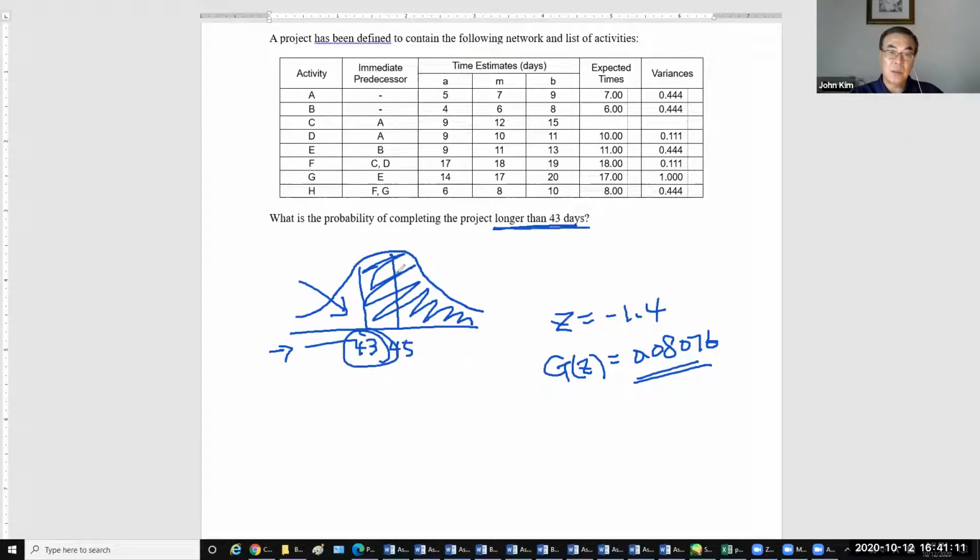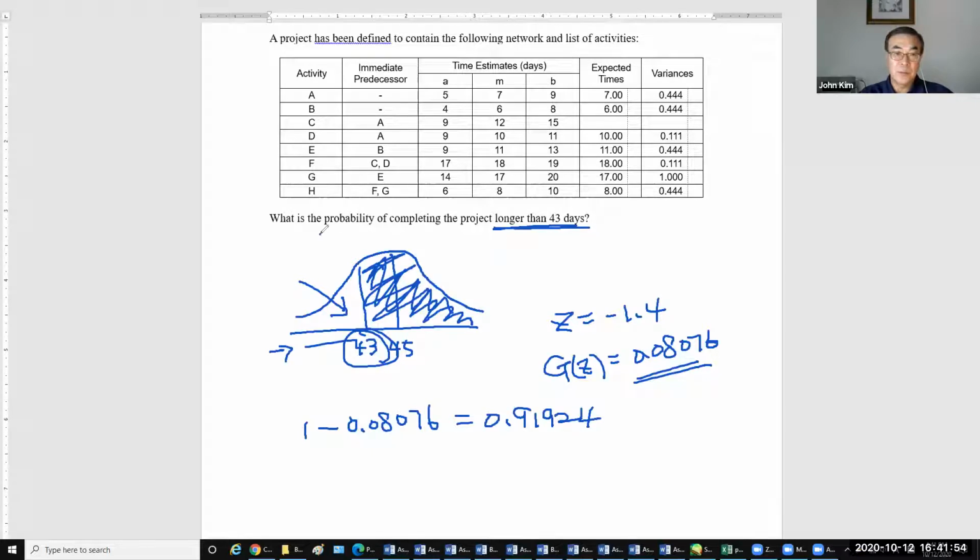So we need longer than, the right side. So we need 1 minus the left side. That will be, I need a calculation, 0.91924.